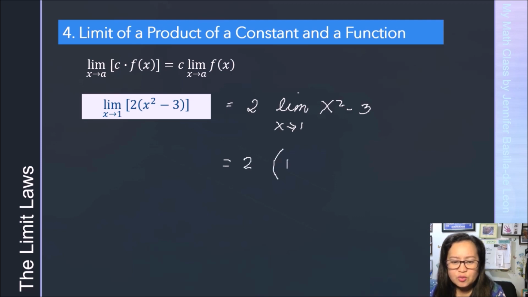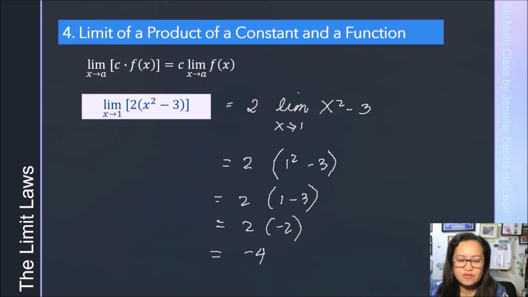So we will have 1 squared minus 3. Simplifying further, we will have 1 minus 3. Then we will have 2 times -2. Therefore, we will have -4. Hence, the limit of 2 times the quantity x squared minus 3 as x approaches 1 is -4.